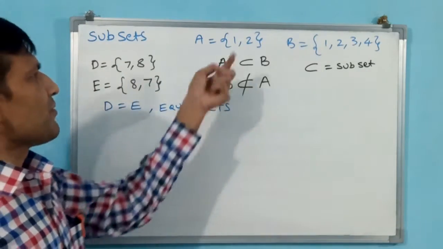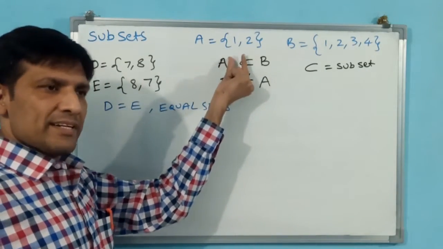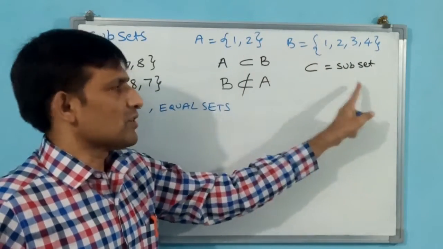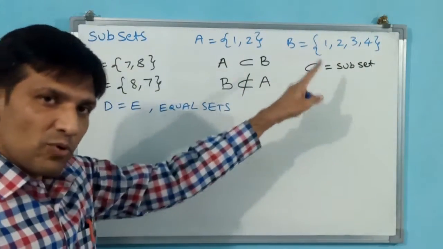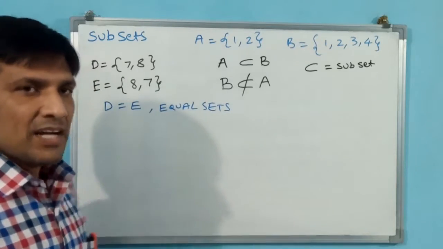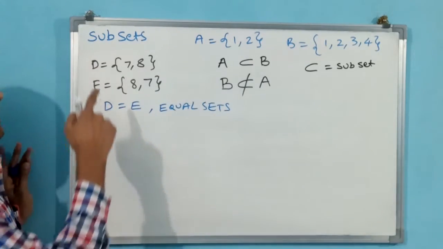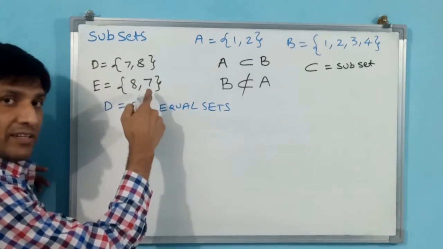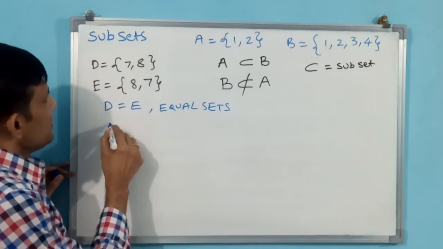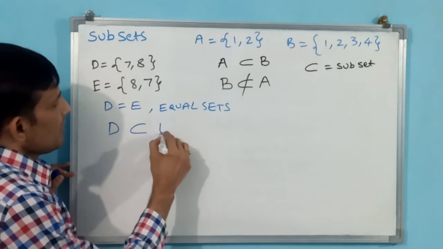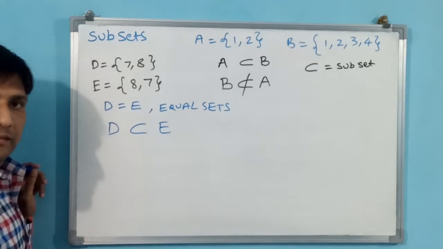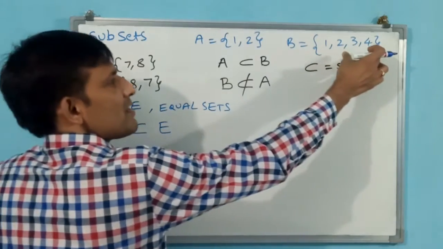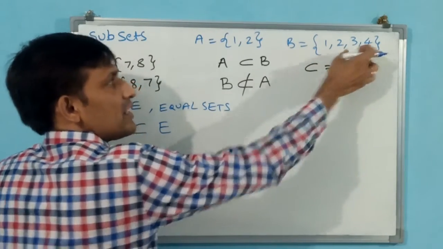But we have learned a new concept. Whatever elements are there in one set, if those are available in the second set, then the first set is a subset of the second set. What about here? Whatever elements are there in D are also there in E. Then is D a subset of E? Definitely yes.